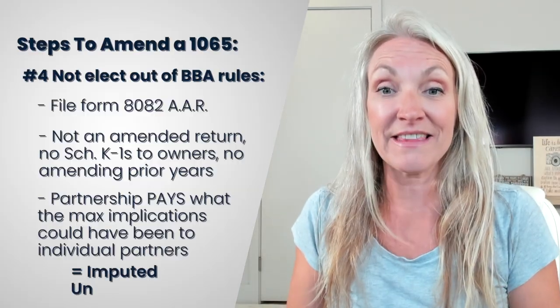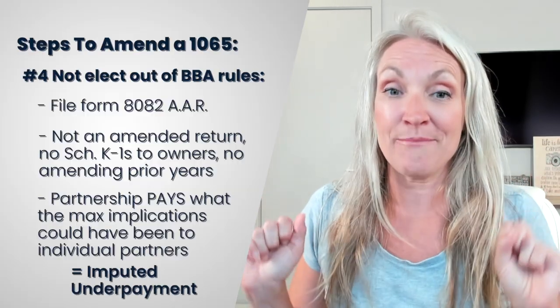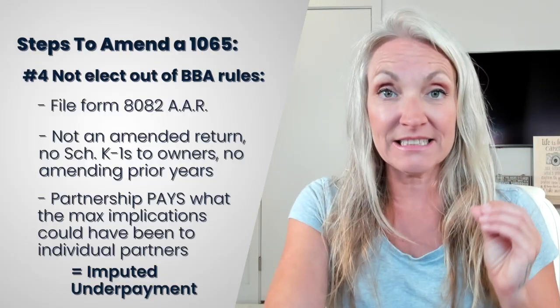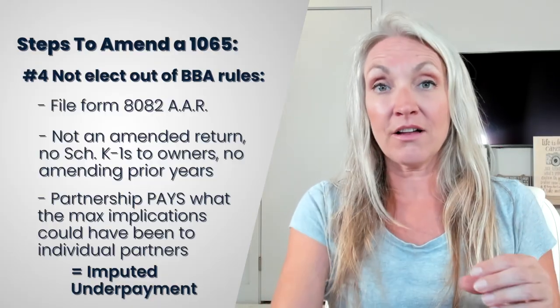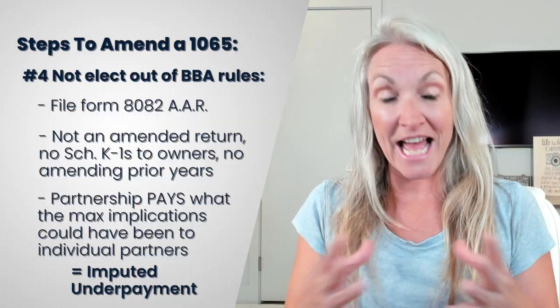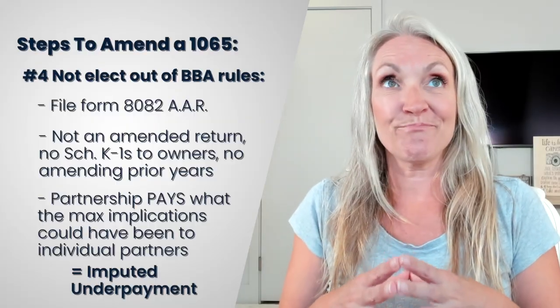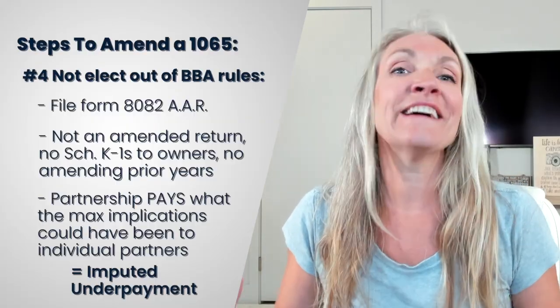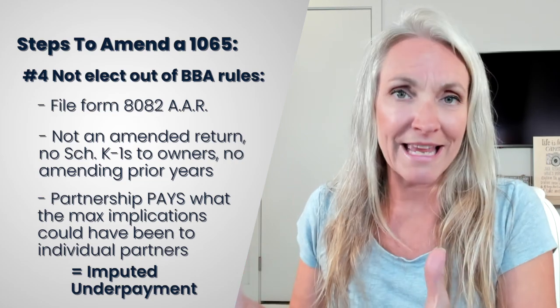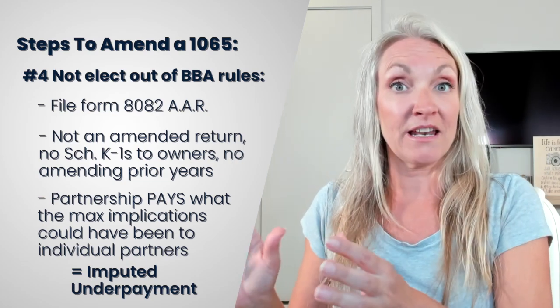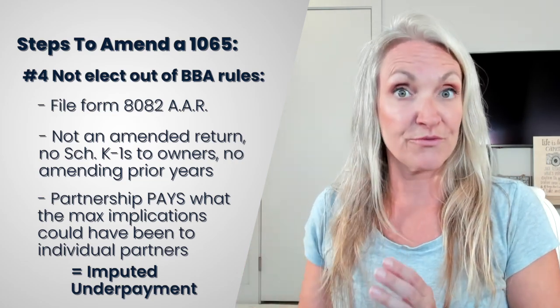So calculating the imputed underpayment amount. It is a very specific process of calculating any tax pretty disadvantageously for the maximum rate that this change could have been affected on the personal partner's returns.